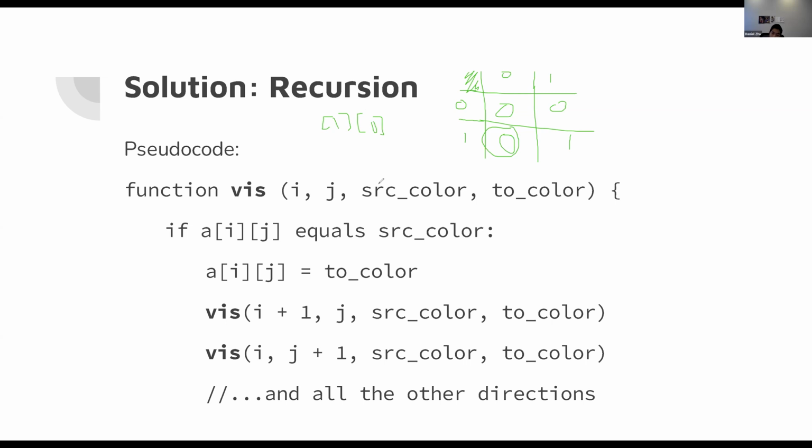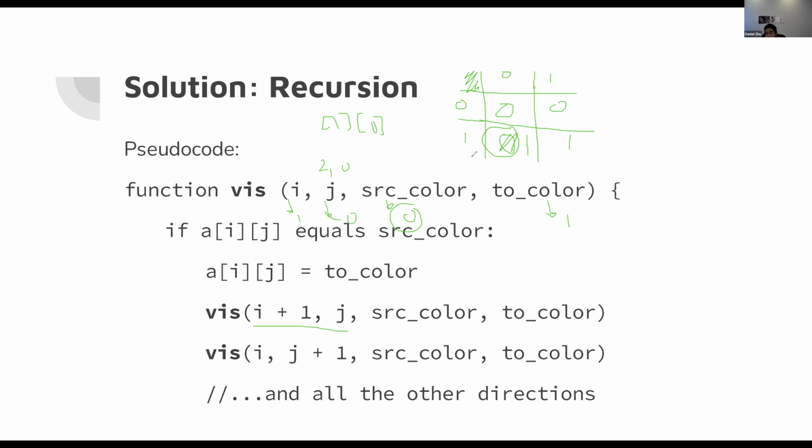So we have this is 0 and this is 1. Okay, so let's just run through this. A[i][j] is indeed equal to 0. So we change this color to 1. And then we go to 2, 0, because here i is 1 and j is 0.